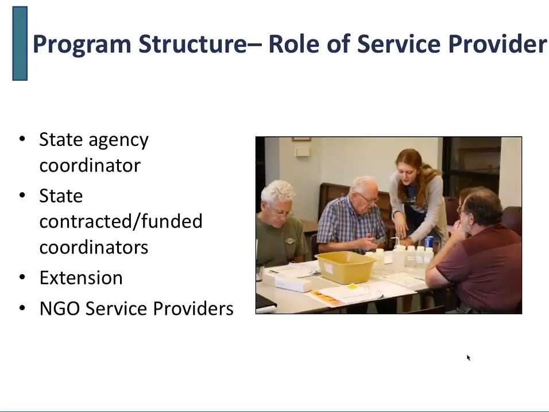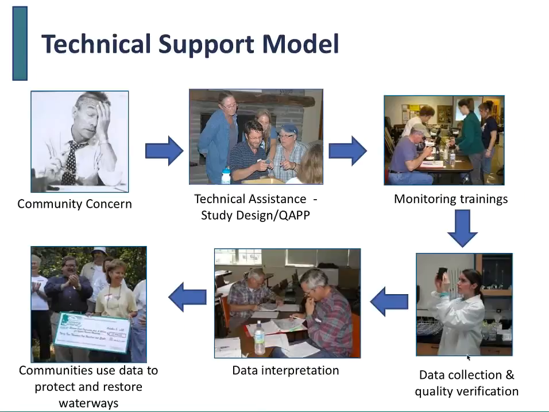It's a great relationship to have, where you have someone that's familiar with these processes and can help facilitate community groups going through the scientific process and providing resources at different stages. When you take a look at the technical support model here, oftentimes it starts with that community concern, and then the community concern gets connected to an entity that provides technical assistance.